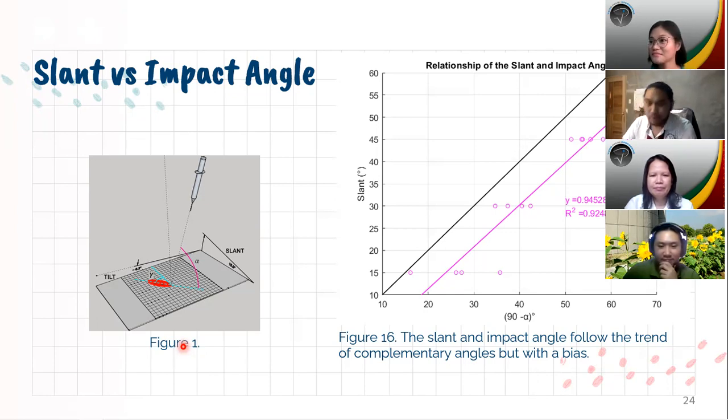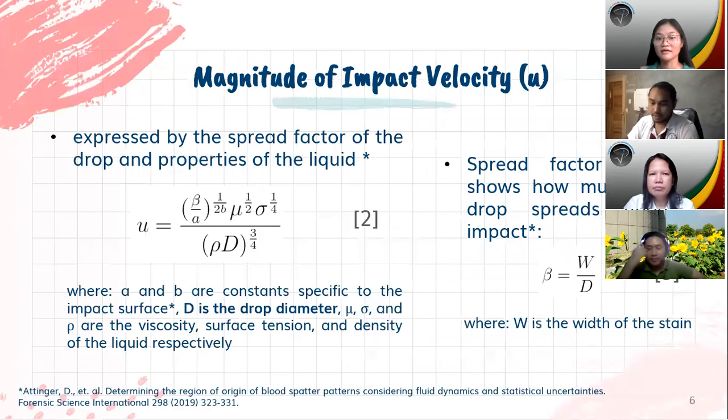Baka mali lang yung understanding ko. Yung impact velocity is yung velocity nung droplet ba, when it touches the surface? Opo. Paano mo dinefine or sinolve yung impact velocity? Kasi ang pagkakaintindi ko, because it's just a drop, yung force na nag-act lang is gravity.